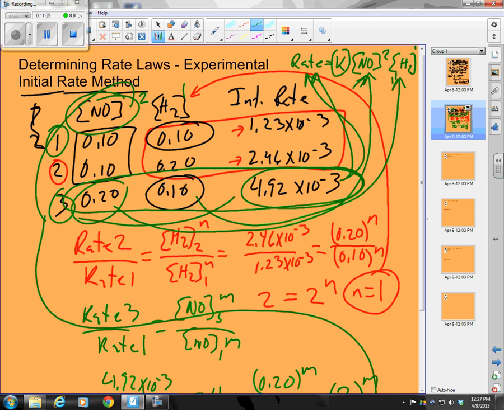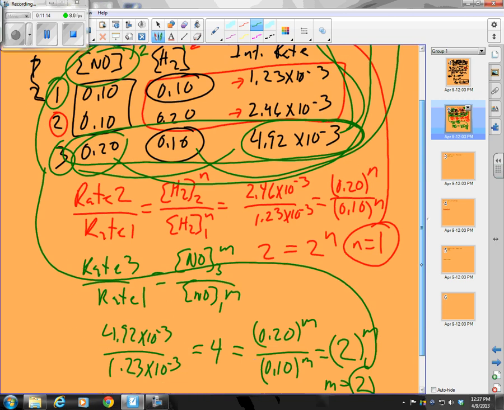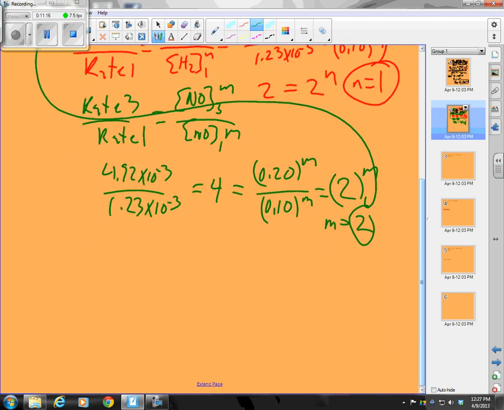It can get more confusing, and if so, remember that really what we're doing is saying rate 2 equals K. My K doesn't change as long as my temperature is constant. The concentration of H2 in the second experiment, the concentration of NO in the second experiment, to the M and N, right?